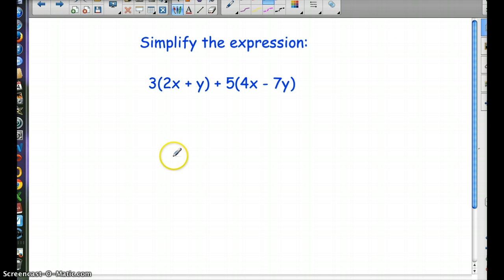The last one, we're actually going to put these properties into place. We're going to use the distributive property to go ahead and simplify the expression. So go ahead, pause the video, write this down, see what you come up with.